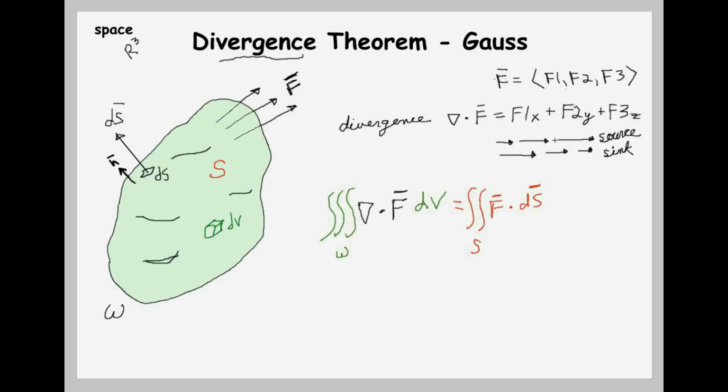In fluid dynamics, we call that a source and a sink. So here's your fundamental theorem for solids called divergence theorem due to Gauss. And a mathematician would look at this and say the integral of the derivative is the value at the boundary.